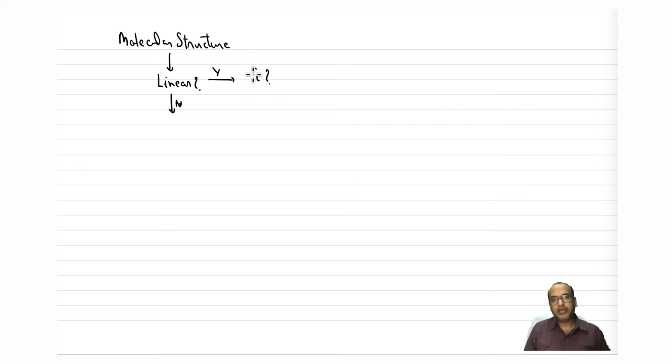That is my next question. If the molecule is linear, then whether it is centrosymmetric: yes leads to the D infinity H point group, and no leads to the C infinity V point group. So that is easy. Linear yes, I yes, D infinity H. Linear yes, I no, C infinity V point group.